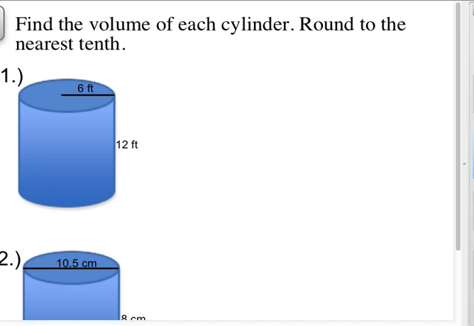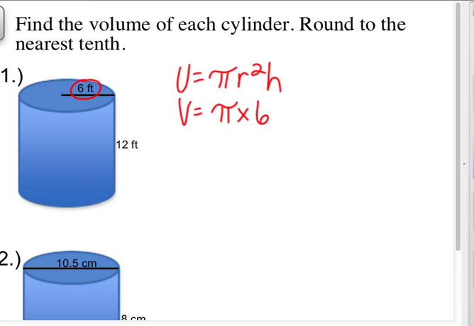So we're talking about volume of a cylinder. Here's the formula: pi r squared h. Now, let's plug our values in. Pi we leave as the symbol. The radius is 6 feet, which we have to square, times the height, which is 12.